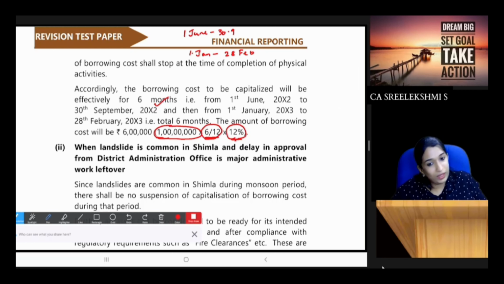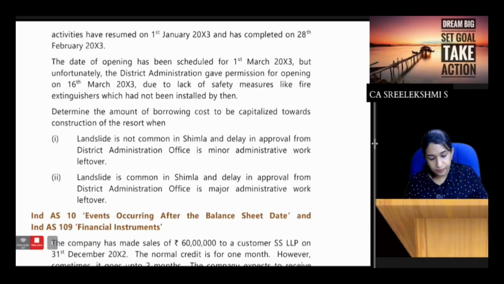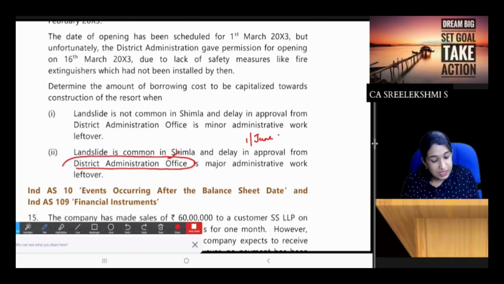Okay, phase number 2. Landslide is common in Shimla. If it is common in Shimla, then during that natural calamity, which is common, you need not suspend, continue capitalization. But there is delay in approval from the district administration officer, and major administrative work is left over.